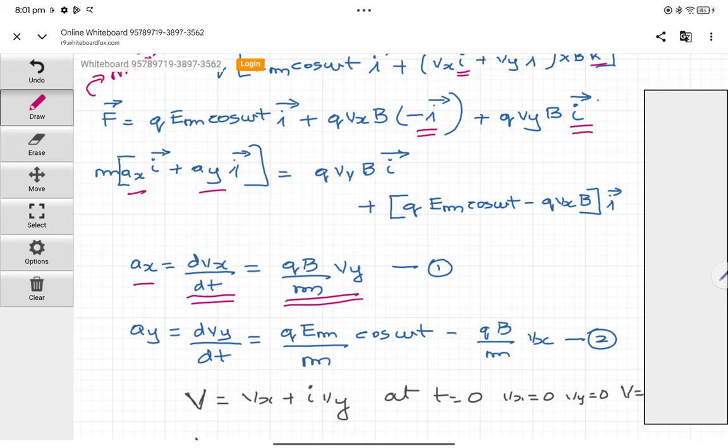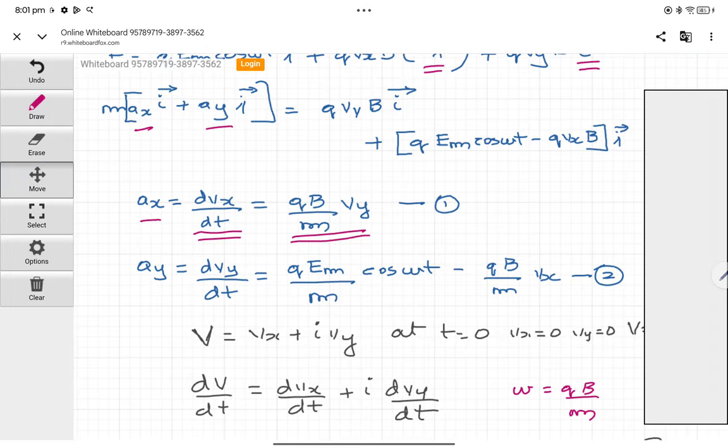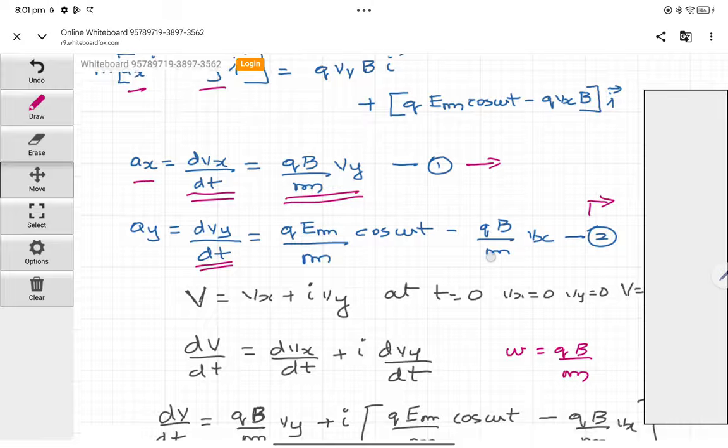And your ay, if you compare with the j components, is also dvy by dt. If you look at the terms on the right hand side, it is q by m Em cos omega t minus qB by m into vx. Remember, these are my equation number 1 and equation number 2, which we are going to use further to solve this.